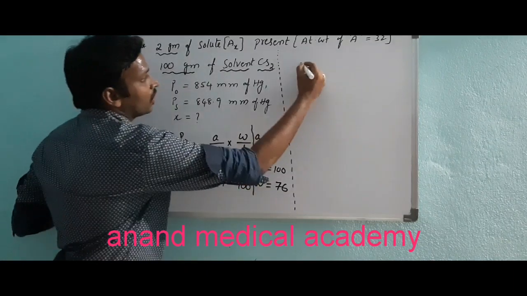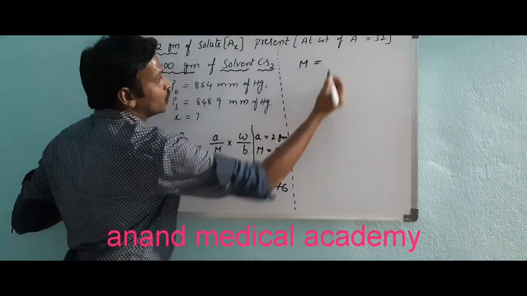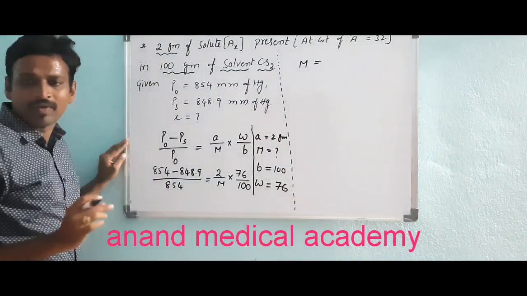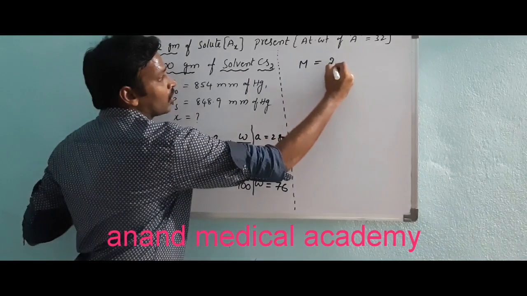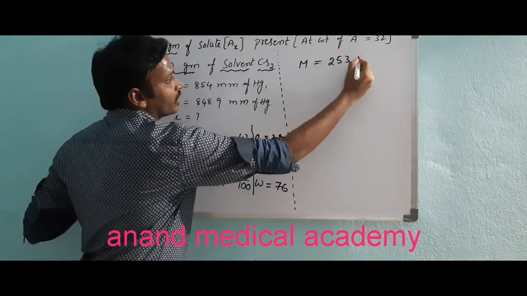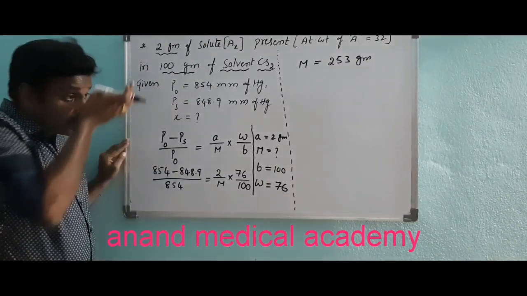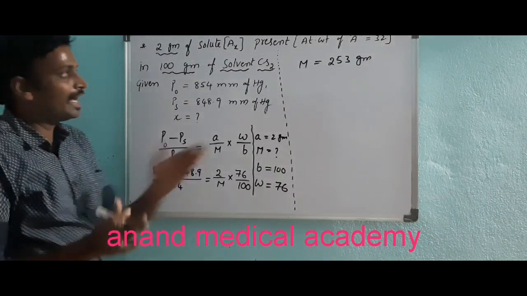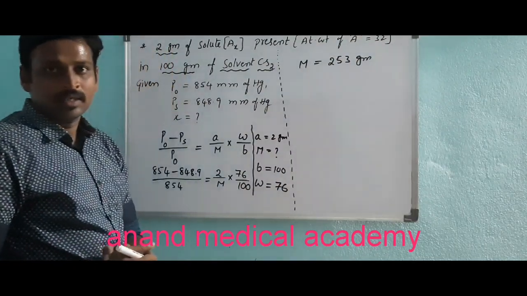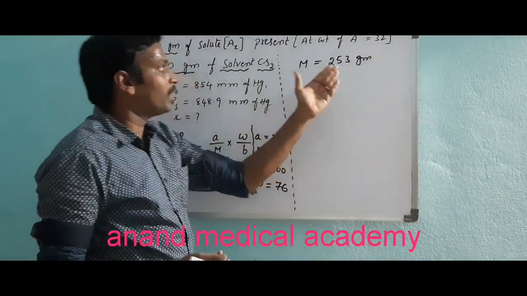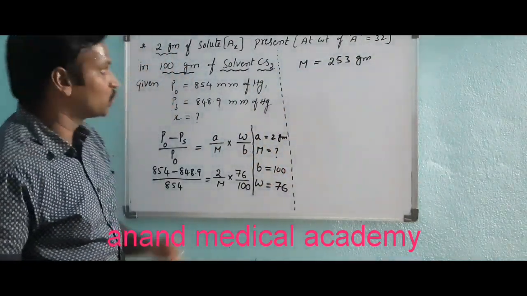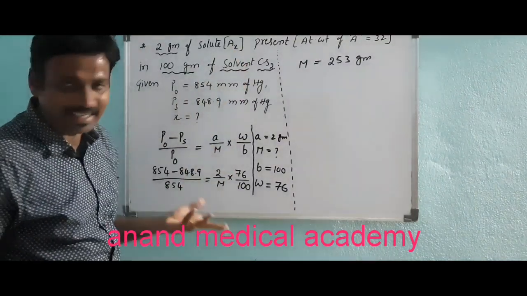You should solve for M, you will get some particular value, it will be around 253 if you simplify. 253 grams you will have. So the molecular weight you have, and the atomic weight was given. So if you do molecular weight by atomic weight, then you can come to know very clearly what X is.